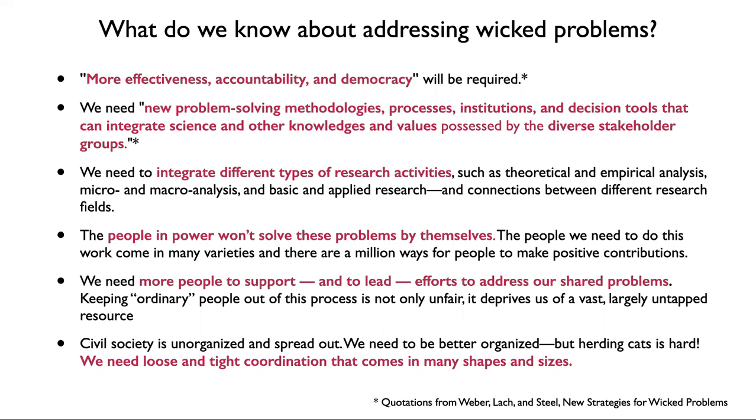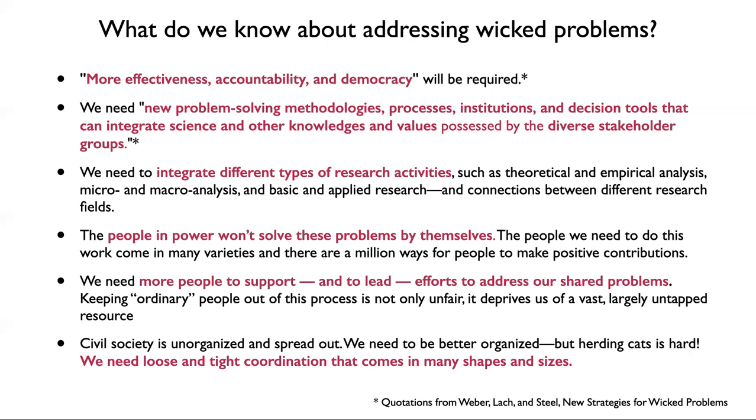For all of these wicked problems, they are making some statements about what is needed in a general way. And they're not saying exactly how to do the effectiveness measurement, what type of democracy, et cetera.